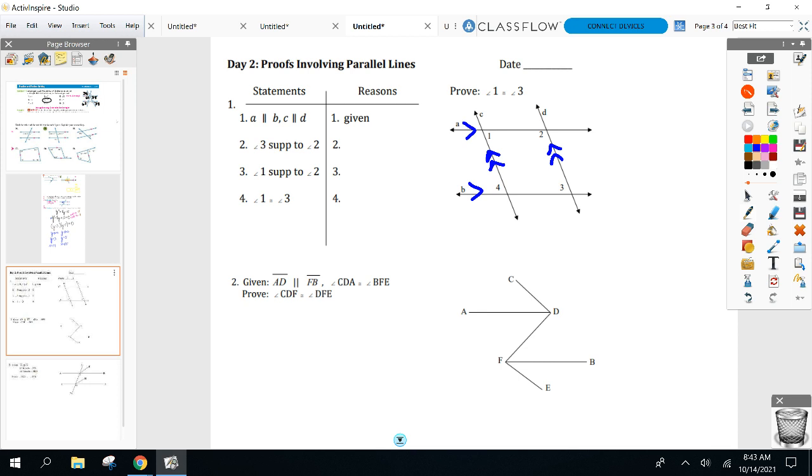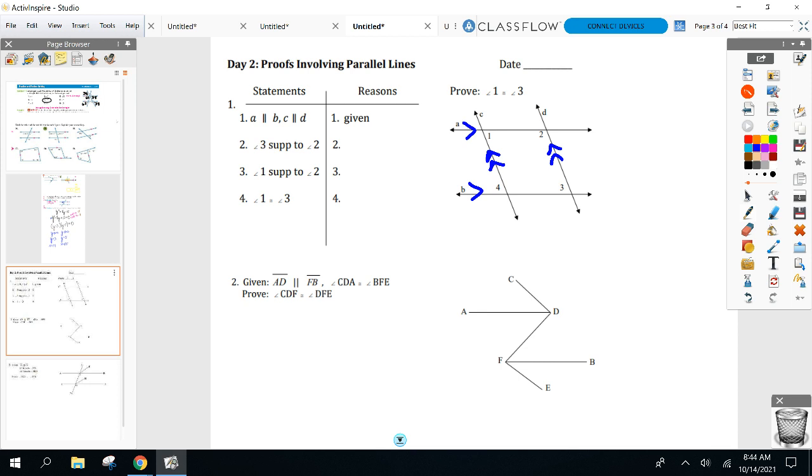All right, ready? Why in the world then would 1 be congruent to 3? First thing I want to establish is why this is not a 2-step proof. 1 and 3, are those any of the special angles we talked about yesterday? When I say special: corresponding, alternate interior, same side interior, alternate exterior, same side exterior.